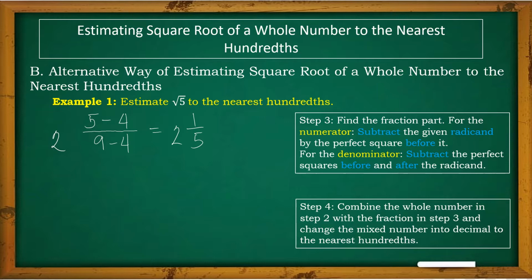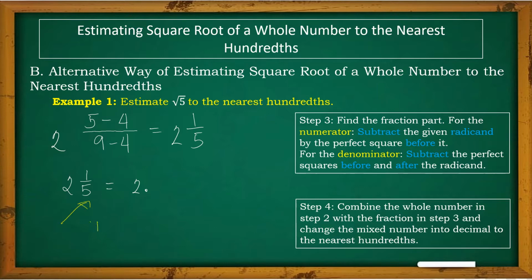Ngayon, pagka-combine natin sa kanya, sabi dito, yung fraction natin ay i-change natin siyang decimal, at i-round off natin siya to the nearest hundredths. So, 2 and 1/5 na ang naging fraction natin. Gawin natin siyang decimal. Para mas mabilis, yung whole number isulat niyo na kaagad. Tapos, yung 1/5, gawin natin siyang decimal.